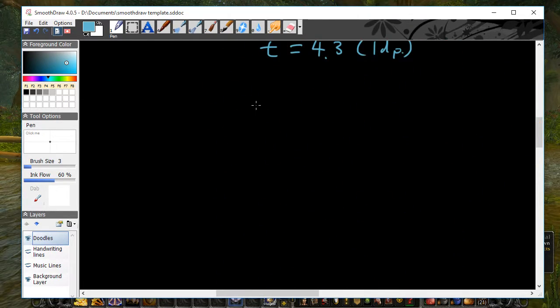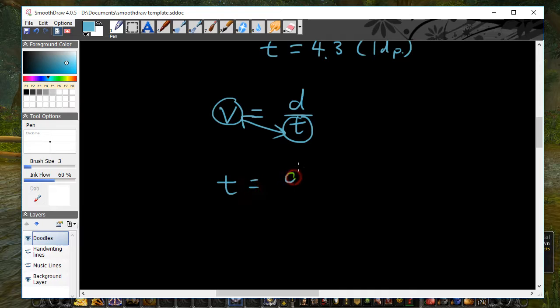Basically, we have the formula speed equals distance over time, and you can change the v and the t around, so the formula can become time equals distance over speed. Or you can simply move the time to the left, so you can say velocity times time equals the distance.